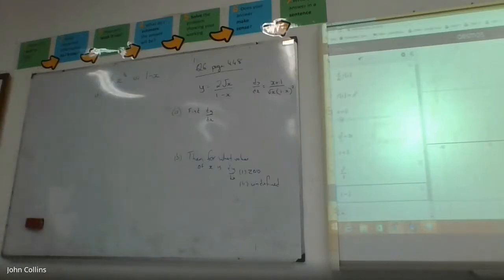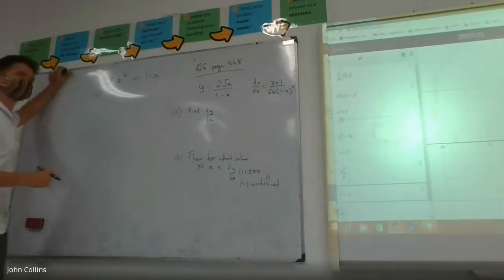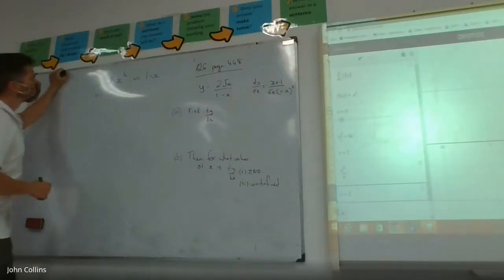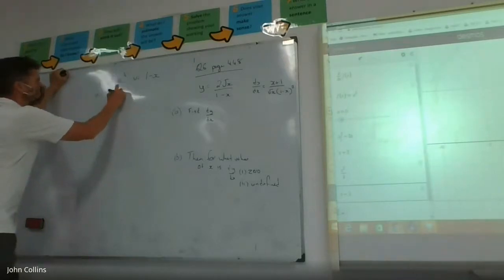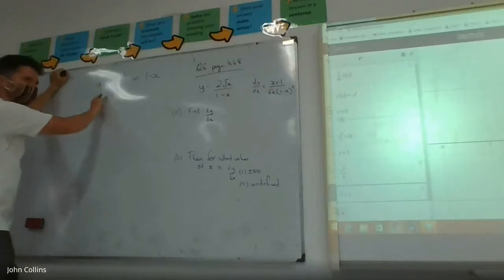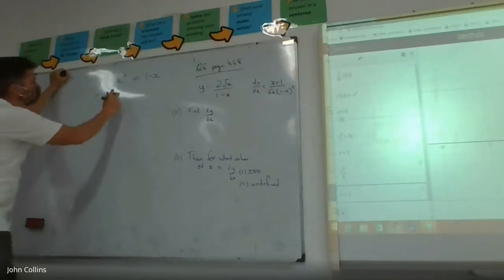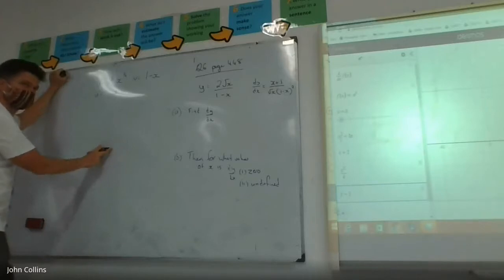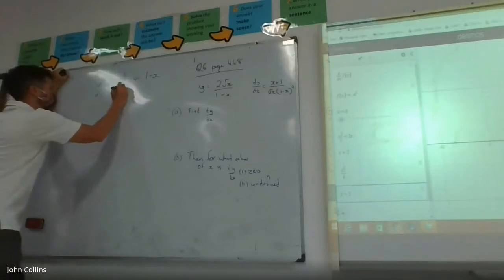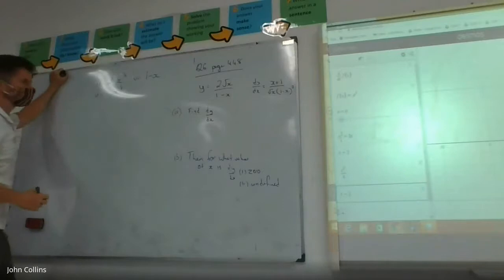The derivative here, 2x to the half is the derivative. So half multiplied down cancels out 2 to 1, and then subtract 1, 3 over 2, negative 1.